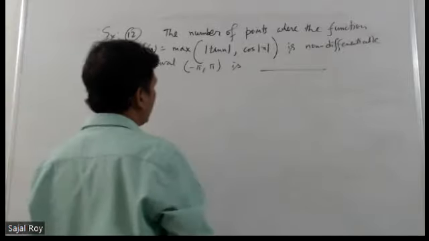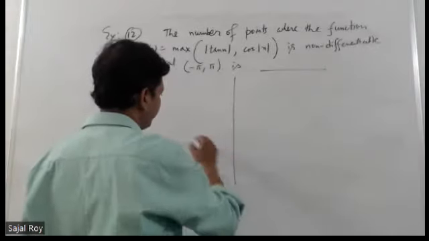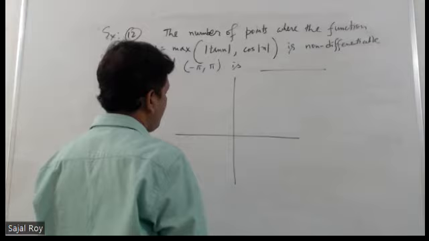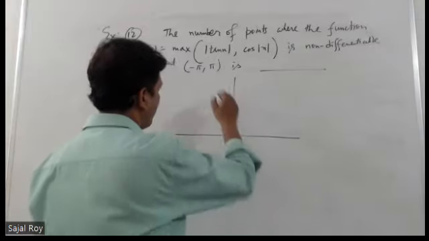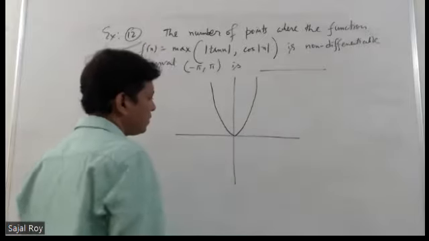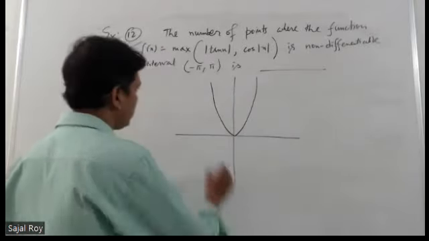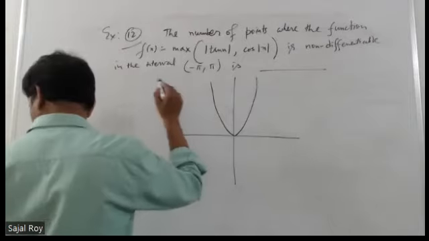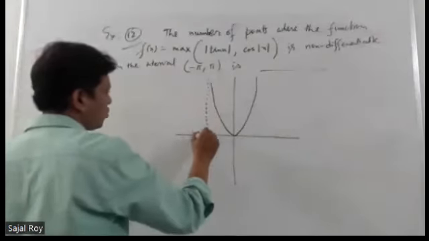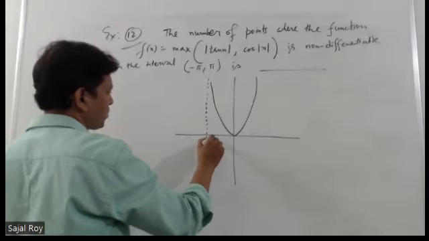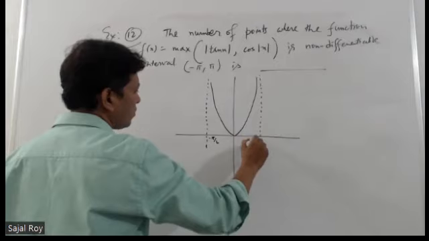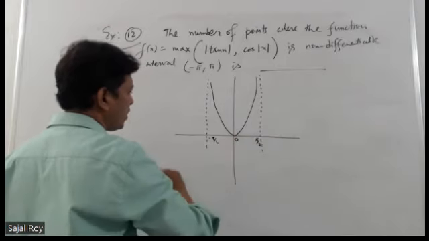Okay, let me draw. Sorry, sir, it will be 4. Acha, mod 10x will be like this. This is your pi by 2, minus pi by 2, this is your origin.